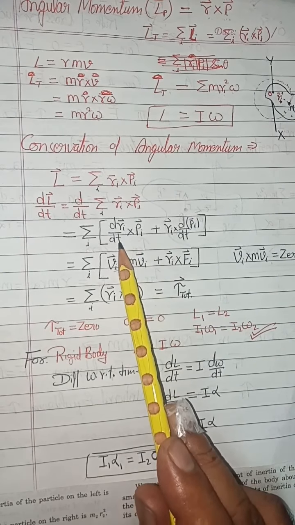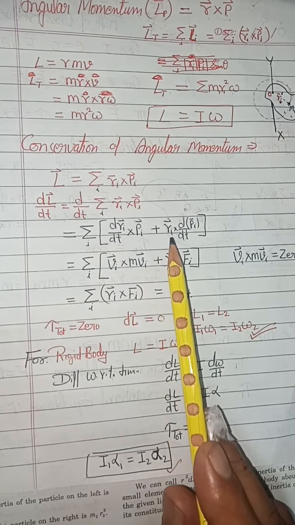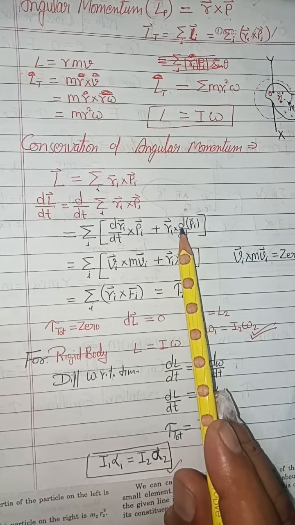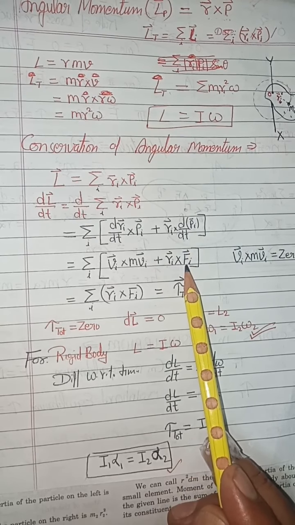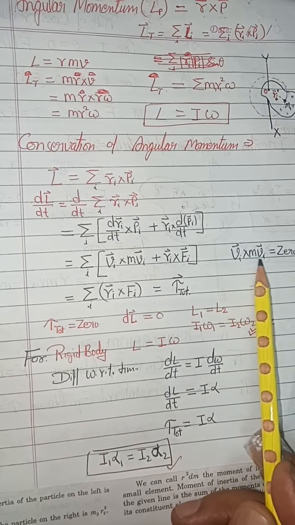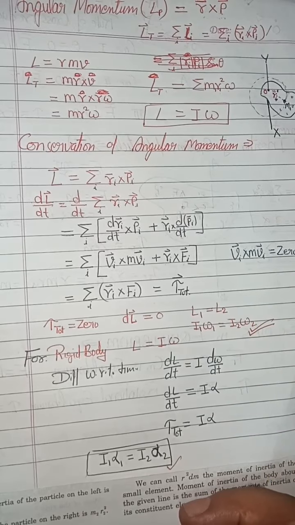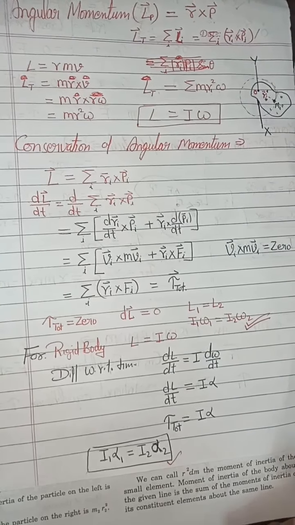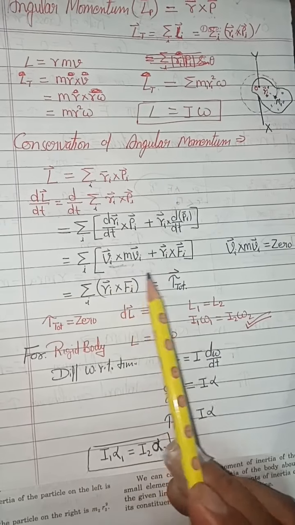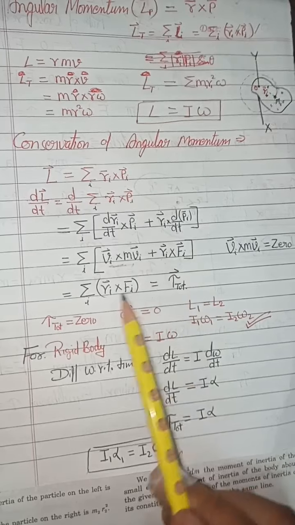So dr upon dt is called vi, pi is called m into vi, and ri is the position of the ith particle. dp upon dt, you know, the rate of change of linear momentum is called force. But v cross v will become 0, because a cross a is a sine theta, so theta becomes 0, and sine 0 is 0. So this quantity becomes 0. Only this will be left: sigma i ri cross fi.